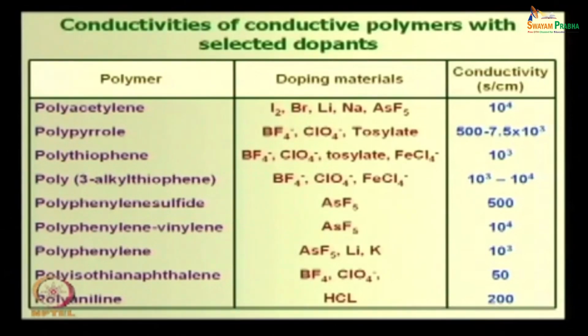These are doping materials for different polymers. People have tried, and you can see the range of conductivity, the order of conductivity, which could be achieved. Today, millions of people are working in this conducting polymer area.